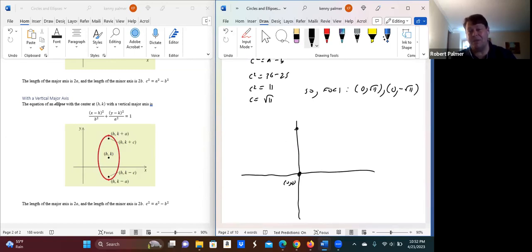Our major axis has a length of 12, so it goes from 0, 6 to 0, negative 6, centered at 0, 0. Our minor axis has a length of 10, so it goes from 5, 0 to negative 5, 0.